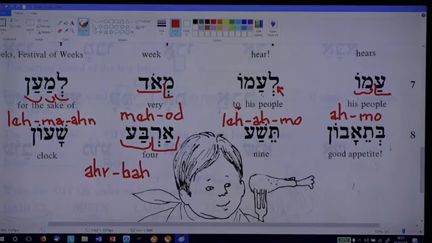The ayin is not pronounced, but it has to be there. The resh is pronounced, the shva is not. You can't say ara-ba. I don't know how to do that. Arba, arba. Okay? More is coming with this later.